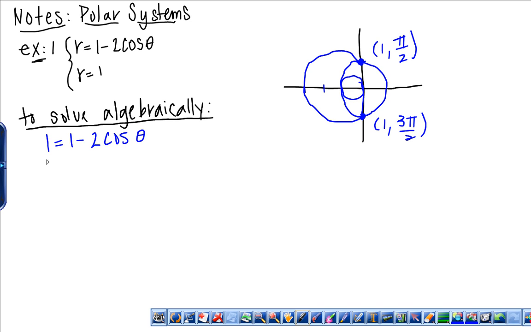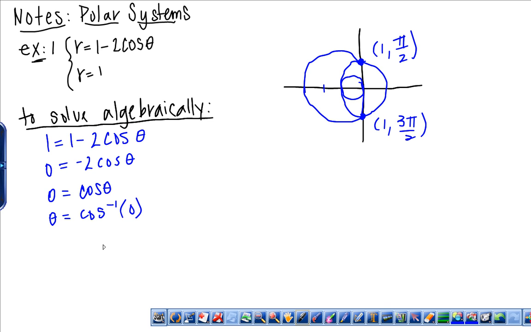I would subtract the 1, so 0 equals negative 2 cosine theta. Divide by that, so I still have a 0. At this point, I'm going to move my cosine, so theta equals an arc cosine of 0.